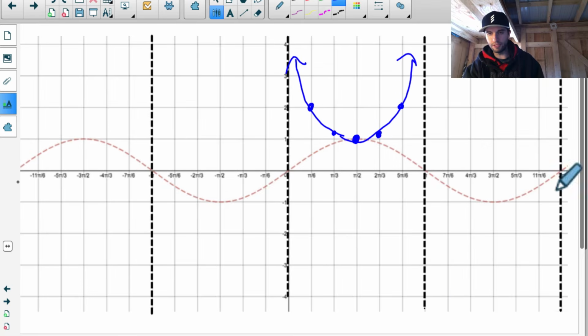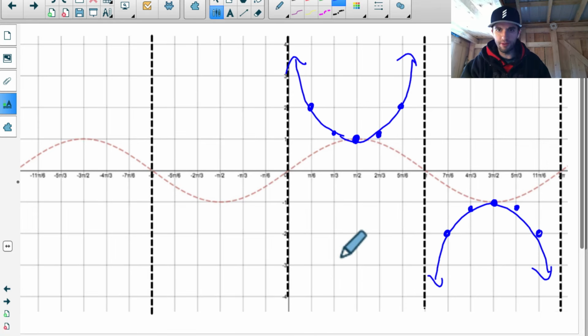And then what did it look like down here? Well, all of these sine ratios are negative, which means cosecants are also going to be negative, right? When you flip something, it doesn't change its sign. The sine ratio here was negative a half, so the cosecant ratio is the flip of that, negative 2. Here, negative 1.15. The flip of negative 1 is negative 1. Negative 1.15. Negative 2. So here's what it looks like in that section.